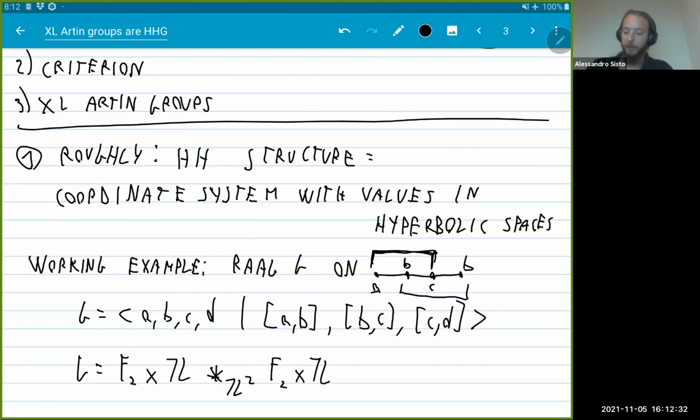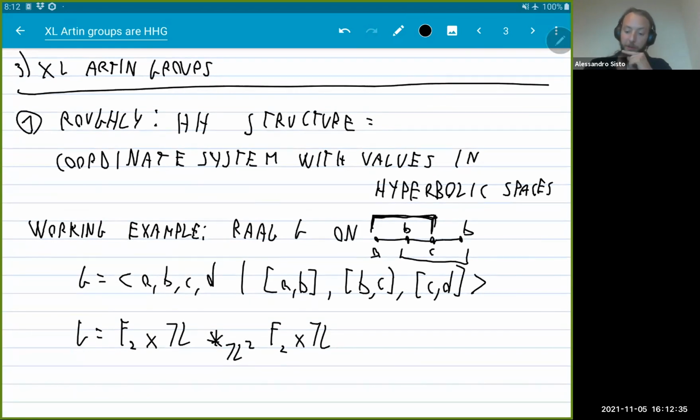So it's a particular group that splits as F2 cross Z, amalgamated over Z squared with F2 cross Z. Okay, so that's the working example, and it will have similar features to the more complicated extra large Artin groups that I'm going to talk about later.